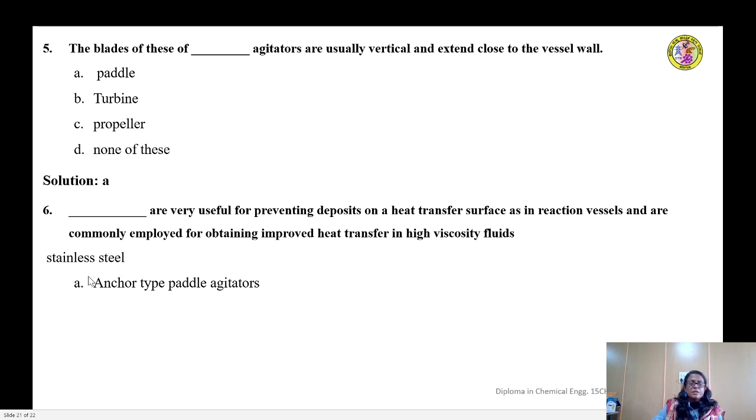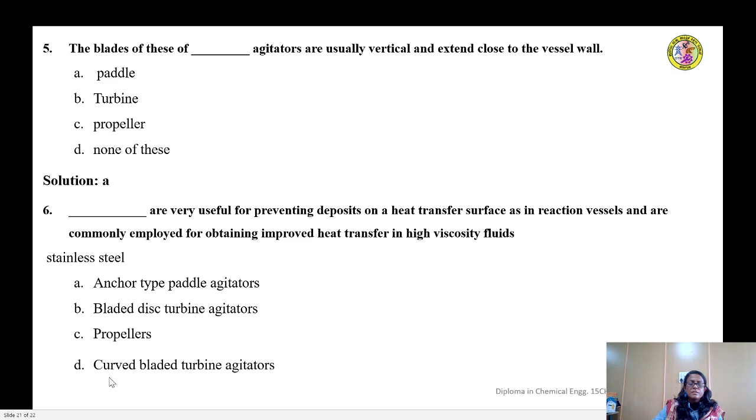The options are anchor type paddle agitators, bladed disc turbine agitators, propellers, curved bladed turbine agitators. So it is the anchor type of paddle agitators that are useful in preventing deposits on a heat transfer surface and commonly employed for obtaining high heat transfer rate.